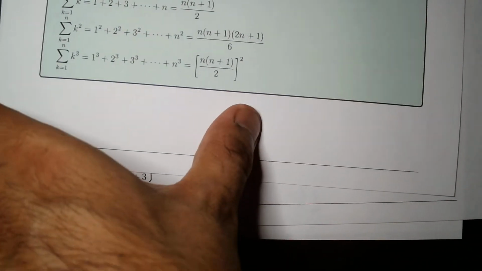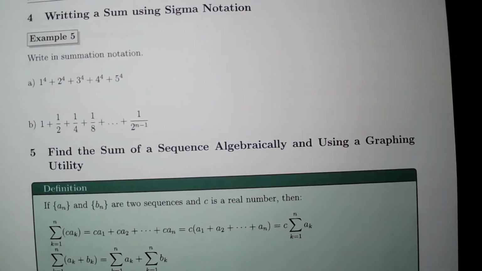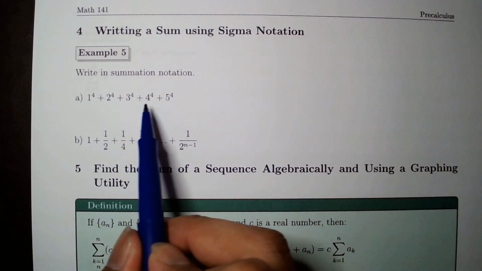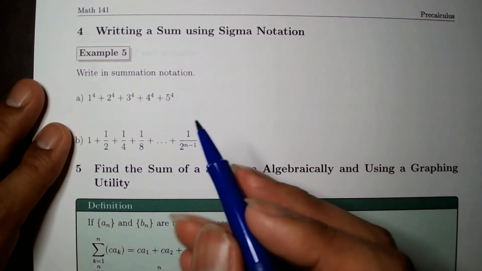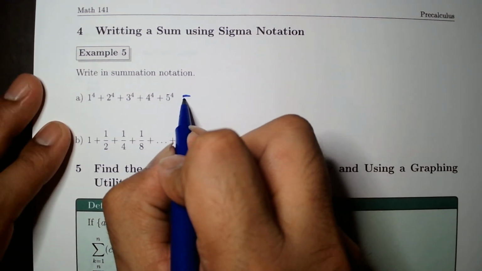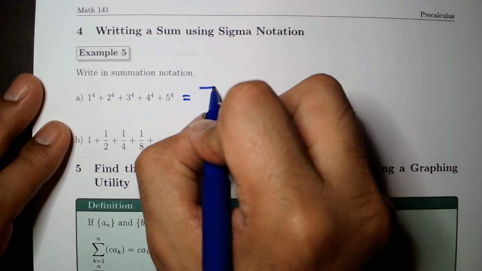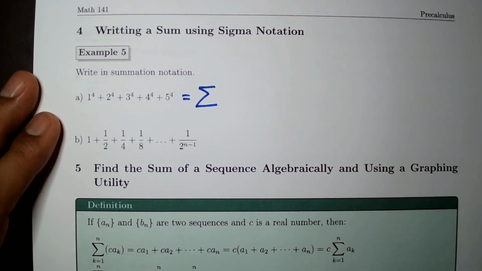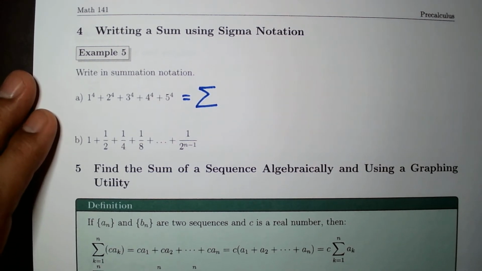Let's see what's next: writing a sum using sigma notation. That's the backwards of what we did here. We have the sum, and we need to write it using sigma notation. Do we see a pattern?